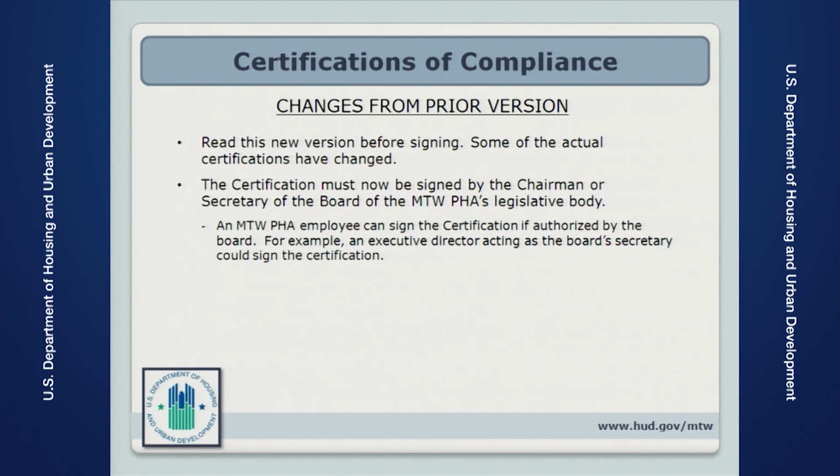There are a few new ones that have made their way into the form under this newest version, so we just ask that you review that and continue to certify that you're meeting all of those. The certifications of compliance must be signed by the chairman or the secretary of the board of the MTW PHA's legislative body. That's a little bit of a change in who is eligible to sign as the authorized entity.